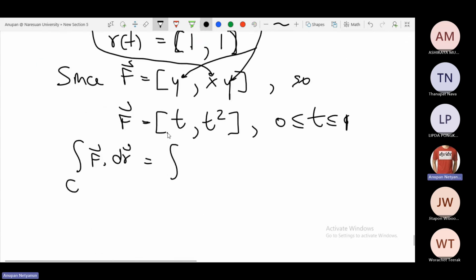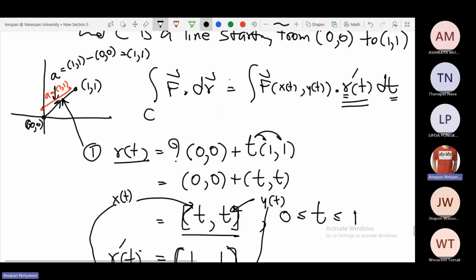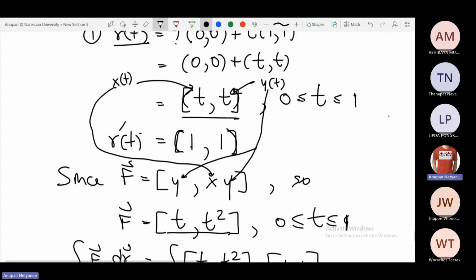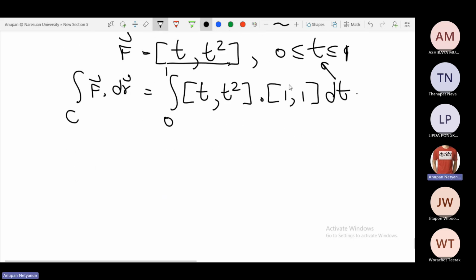Which is this guy, dot with r prime t, which is 1 and 1. Okay? And then multiply with dt. And you know that t is running from 0 to 1.